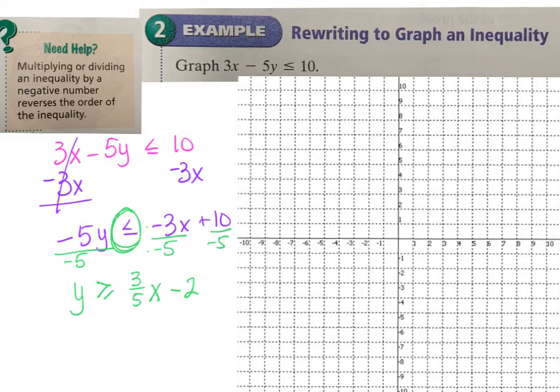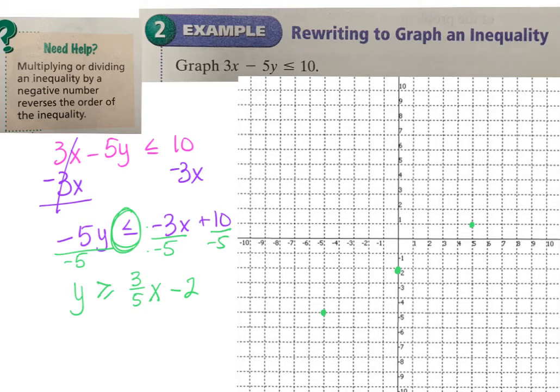So I now have it in slope intercept form, but you can see at the beginning, if you just took this one, you may have thought that you would be graphing below the line here. But when you put it in slope intercept form, you can see you're graphing above the line, all right? And so you're going to graph exactly the same. We're going to start at -2, up 3, and over 5. Or again, you can go down 3 and over 5 as well.